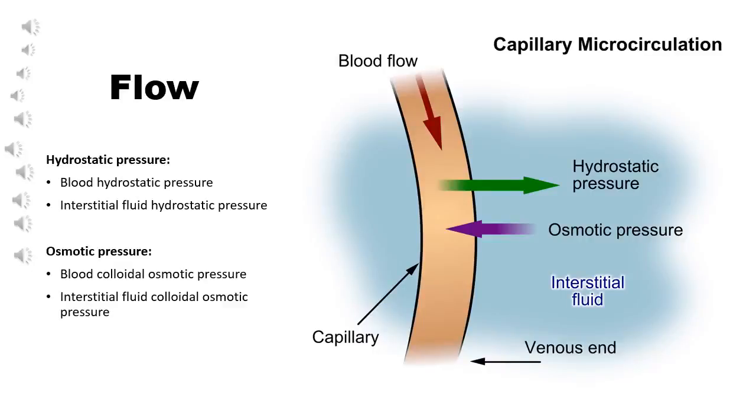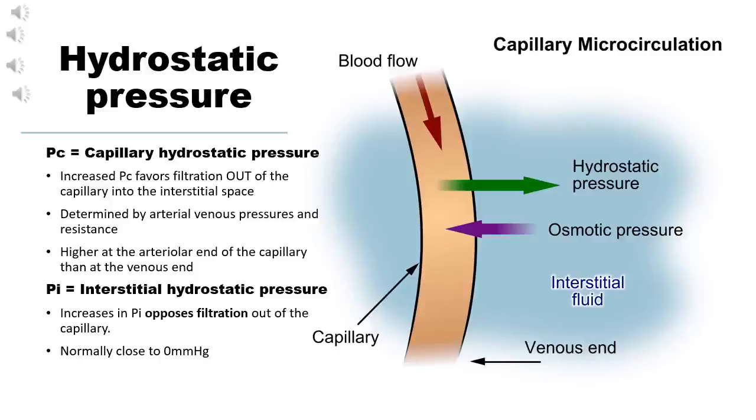So, water is going to be drawn from the tissue fluid back into the capillary, carrying dissolved molecules with it. The difference in colloidal oncotic pressure is going to account for reabsorption. So, oncotic pressure favors reabsorption and is influenced by proteins. For hydrostatic pressure, we're thinking about filtration, and that's the name of the game.